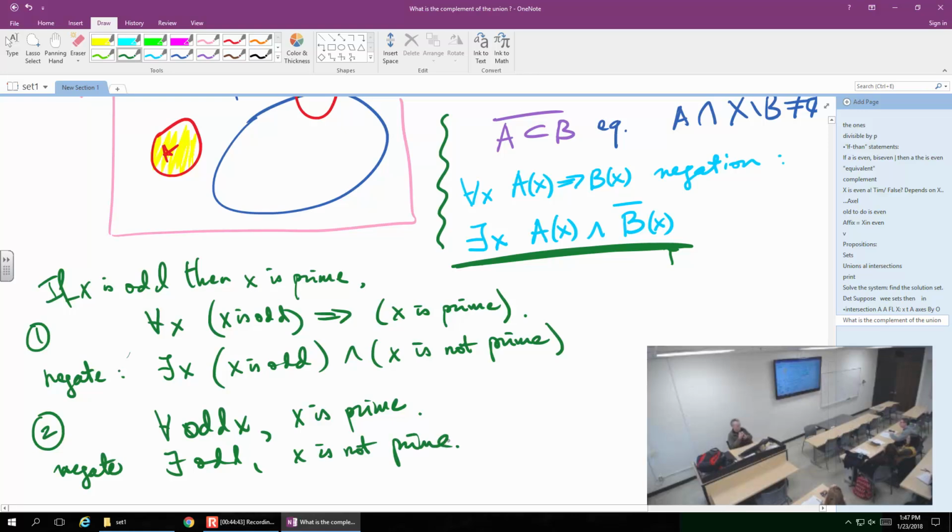Okay, so just another possibility. There's an odd x, x is not prime. What I called the expanded or extended quantifiers. So you can sneak in some extra information with the quantifiers, and together they will form what?